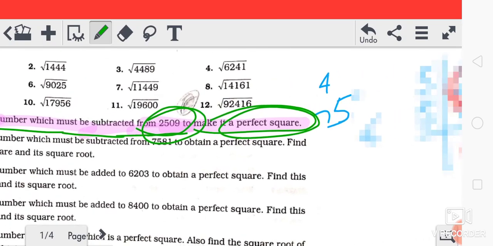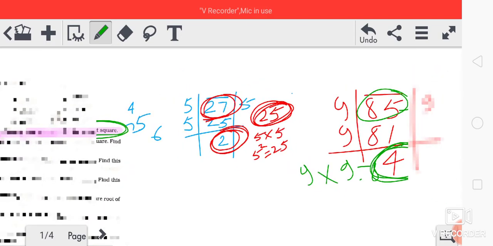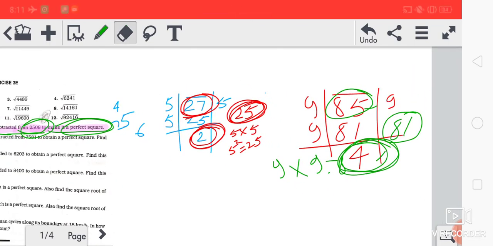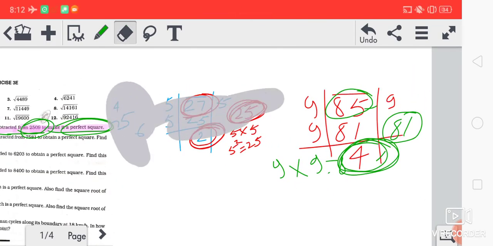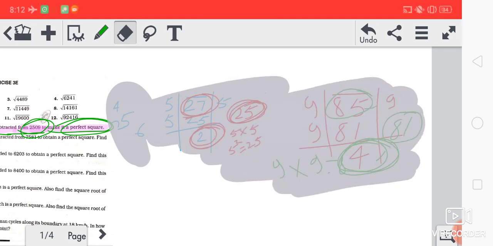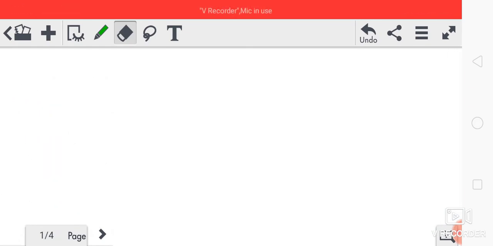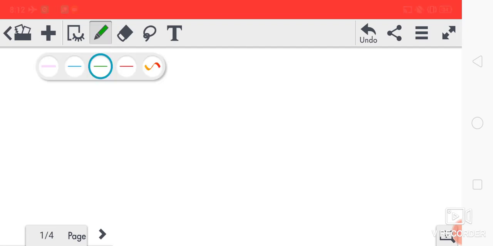So what we have to do? Try to find out the square root. Although it is not a perfect square, so we will not get it exactly. Whatever remainder will be there, that will be our required least number.